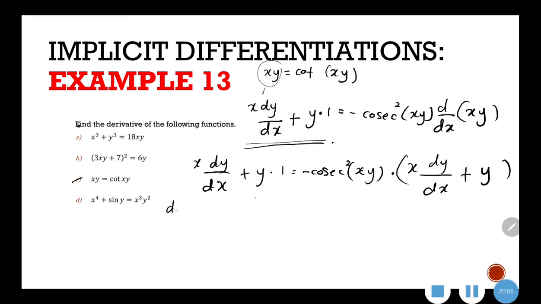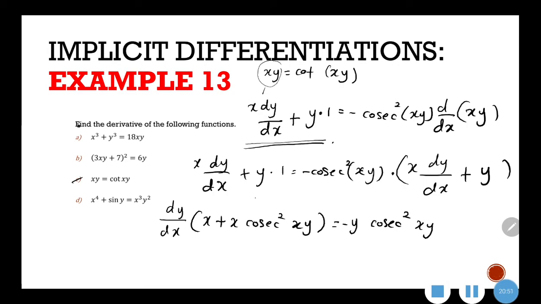You will get dy dx times x plus x cosecant square xy, and this part should be minus cosecant square xy times y minus y.